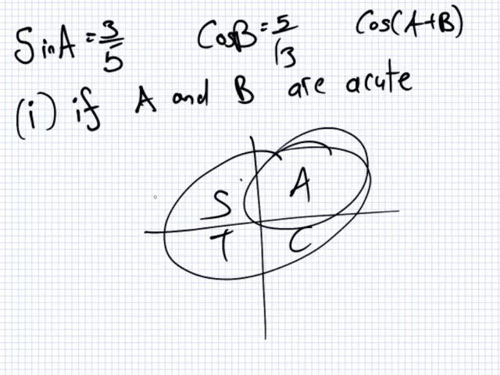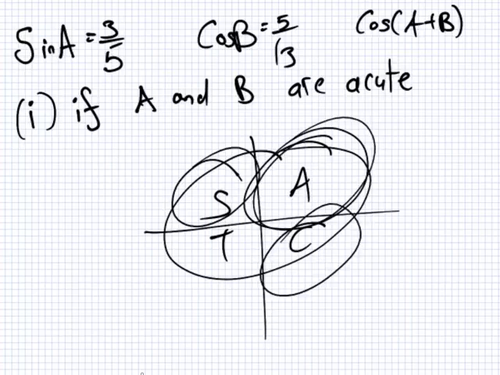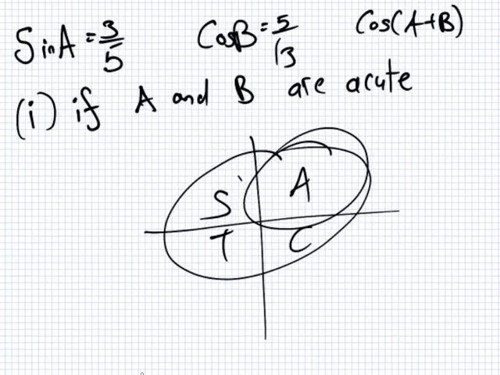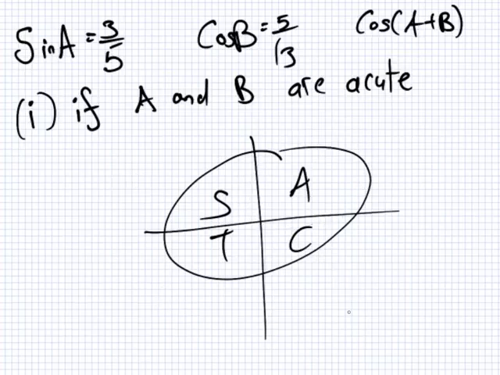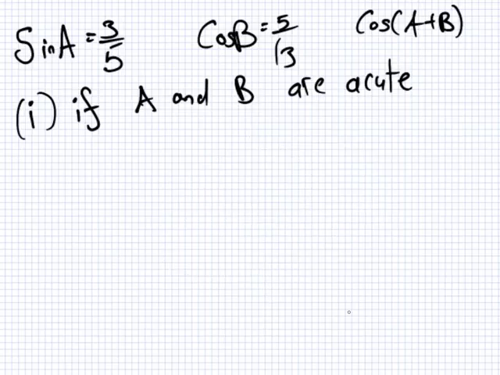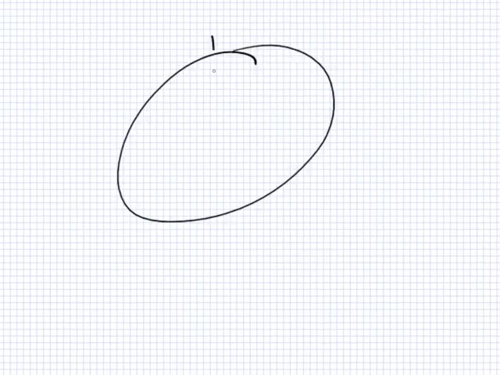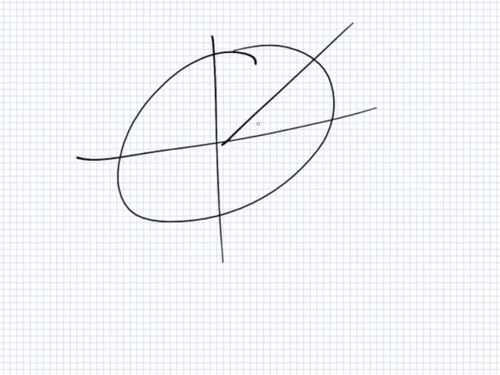I also tell you cos B is positive, so it could be here or here. But because both are acute angles, both of them are in the first quadrant. By the way, we call these quadrants Q1, Q2, Q3, and Q4. So I'll go to the side and just draw that: angle A and angle B are both in the first quadrant.